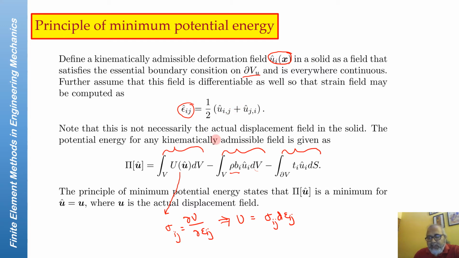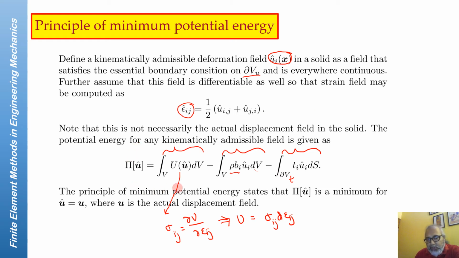Similarly, integrate that over the entire volume, you get the total work done by the body forces. Integrate the traction work over the entire surface. Actually, you have to integrate it only over del Vt, because that's where the tractions are specified. You integrate this and you get the total work done by the surface tractions.